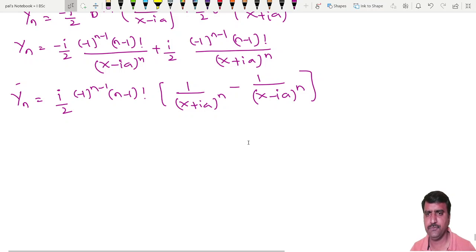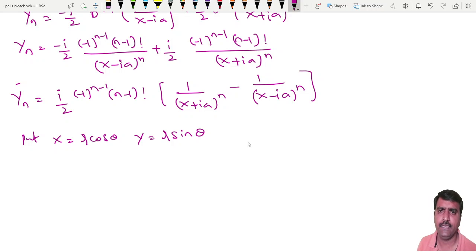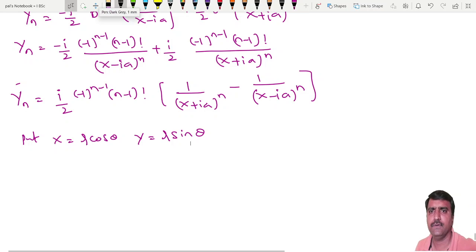So for that you take one substitution, put x is equal to r cos theta, y is equal to r sin theta. Sorry, y is not there here. So you take it as a.